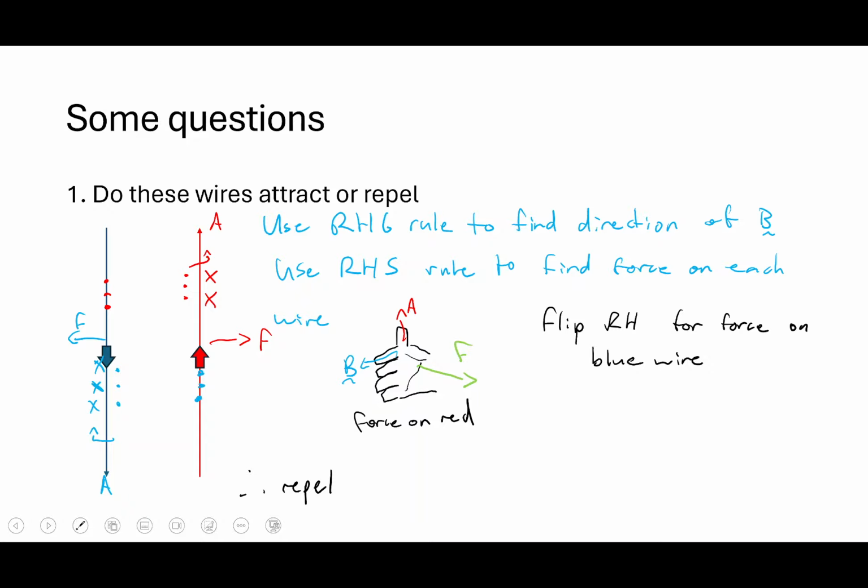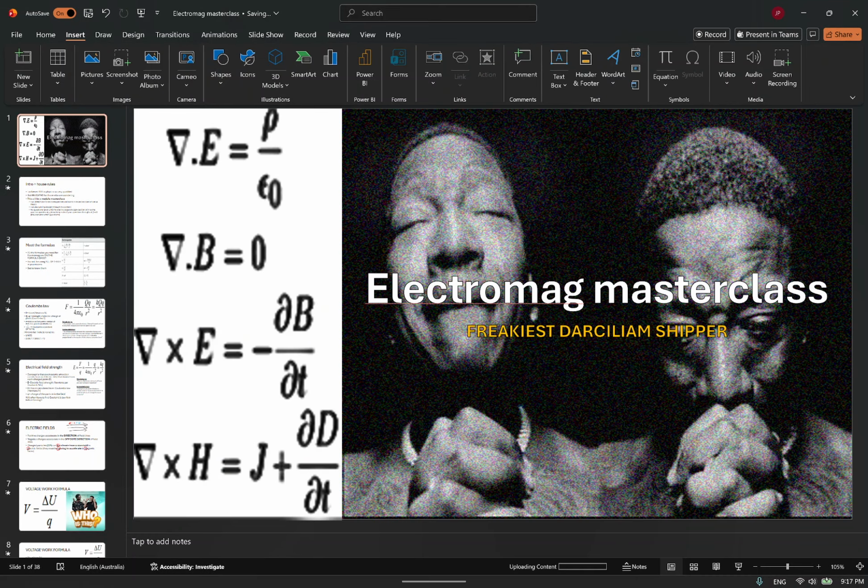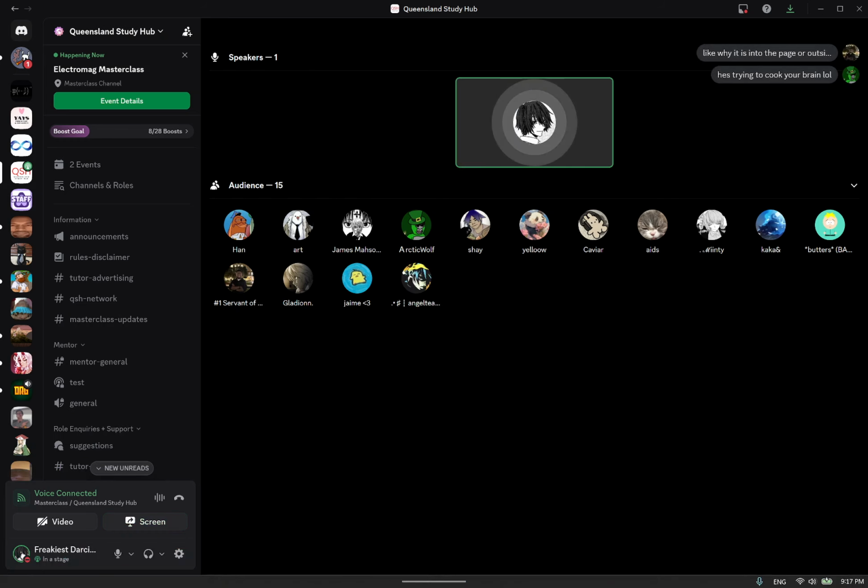Could I explain how the right hand grip rule explains the direction of the magnetic field? That is beyond syllabus. That is way beyond syllabus.